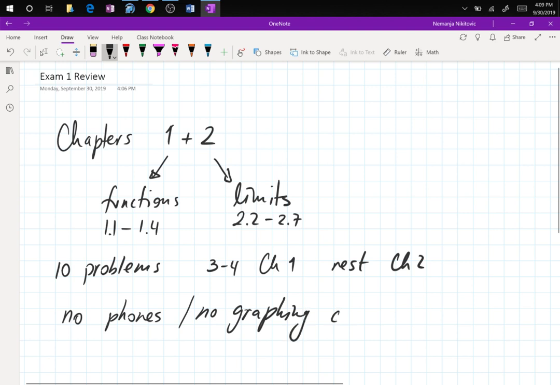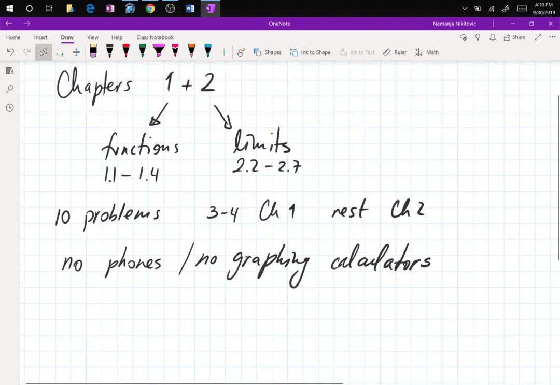You can bring in a scientific calculator with trig and so on, or you can bring the basic calculator that only has basic operations. Or you can show up without a calculator. If you don't need one, then perfect.